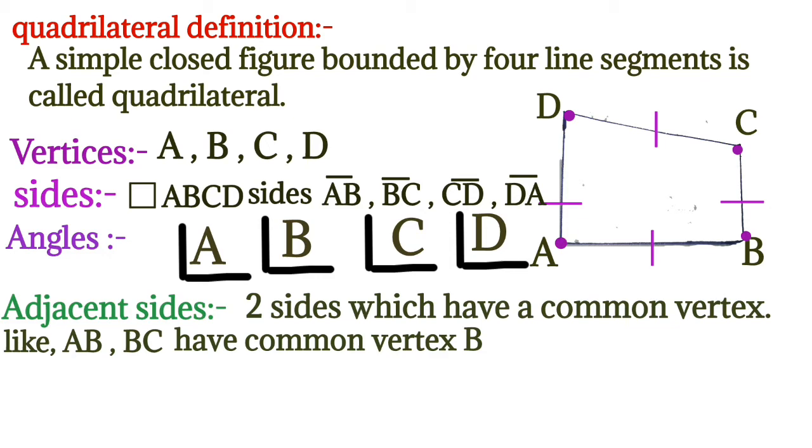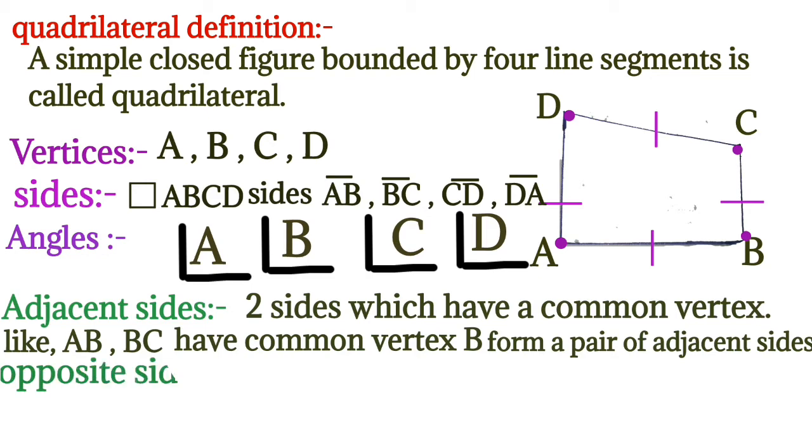Next two sides are CD and DA; here also D is a common point. The other two sides are DA and AB; here also the same, A is a common point in both the sides. These form pairs of adjacent sides.